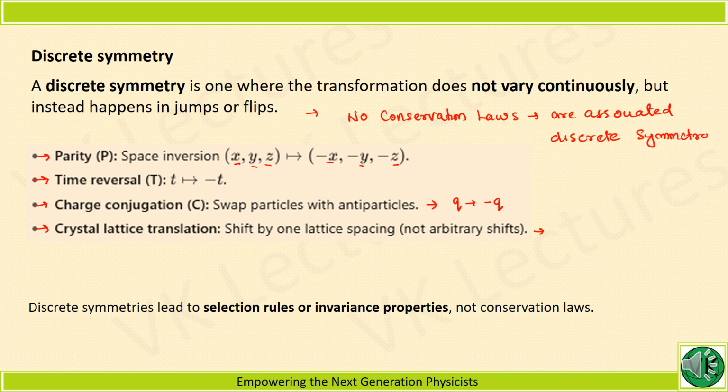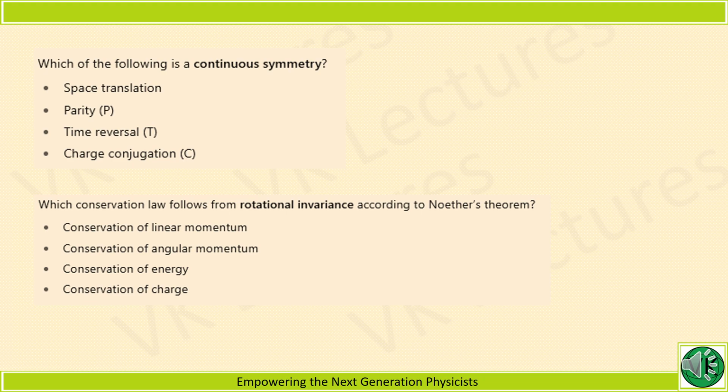And it is necessary to understand that it is equally important that every discrete symmetry leads to some selection rules or invariance properties. Okay, so discrete symmetry will have invariant properties or selection rules, but it does not lead to any conservation laws.